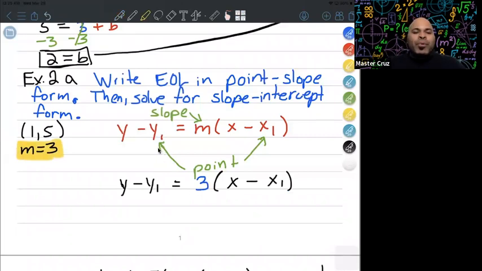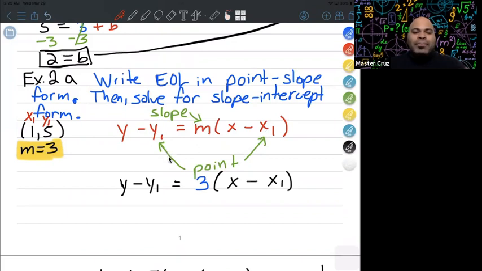Well, I also have a point because they give me a point. Remember, the point is x comma y. Now, for this specific problem, this is going to be x1, y1, because this is the point. You will always leave this y and this x alone because it has to be part of the equation. So I'm going to substitute the point only to the x1 and y1.